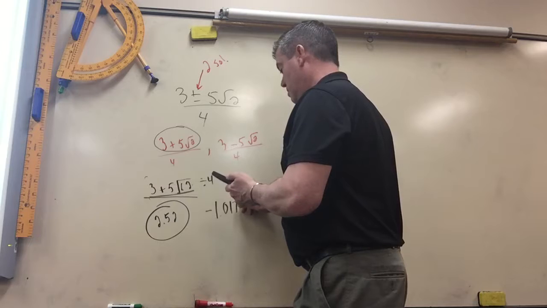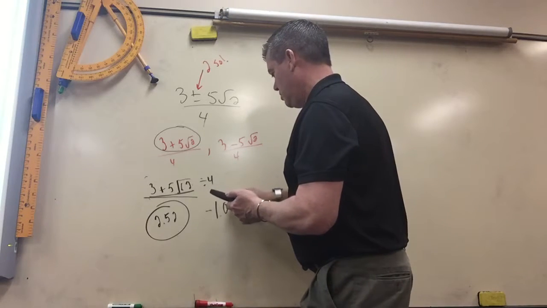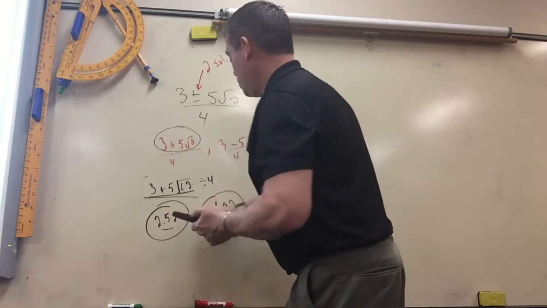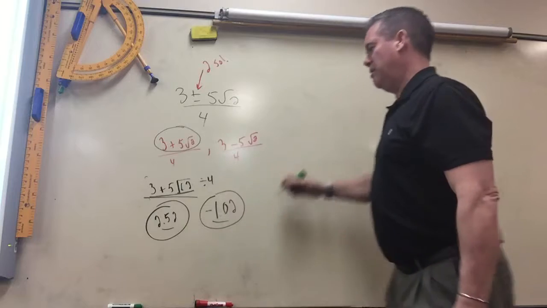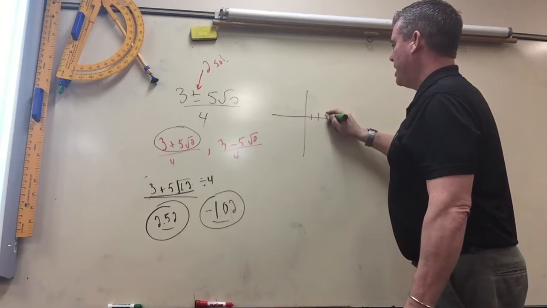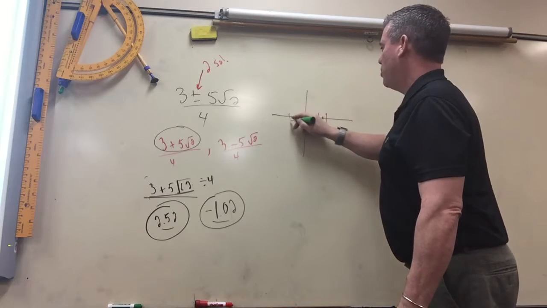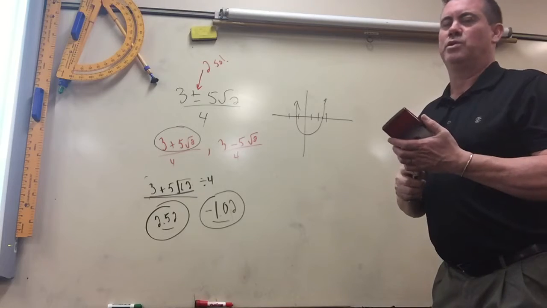So that'd round to negative 1.02. So those are the 2 solutions. This is a quadratic. So if this were graphed, it would cross at 2.52 and negative 1.02. So it'd look something like that once we get to the graphing.